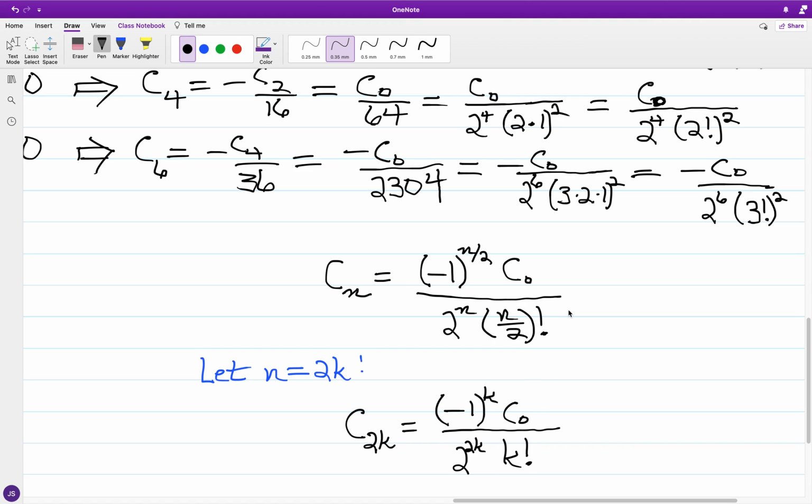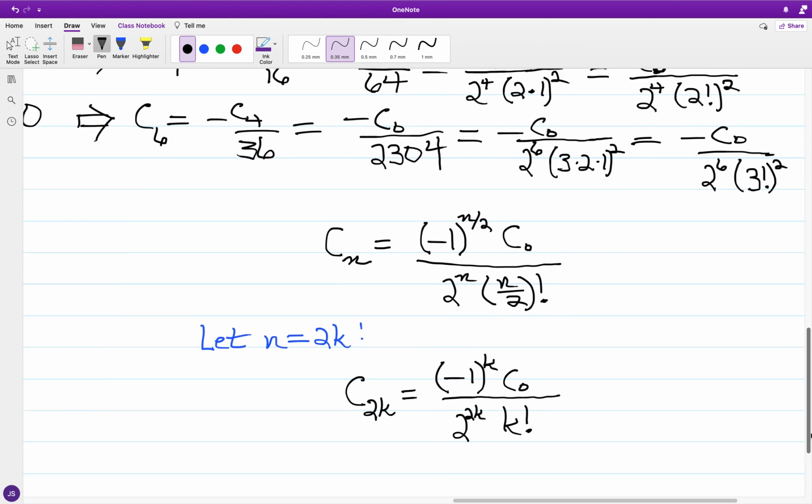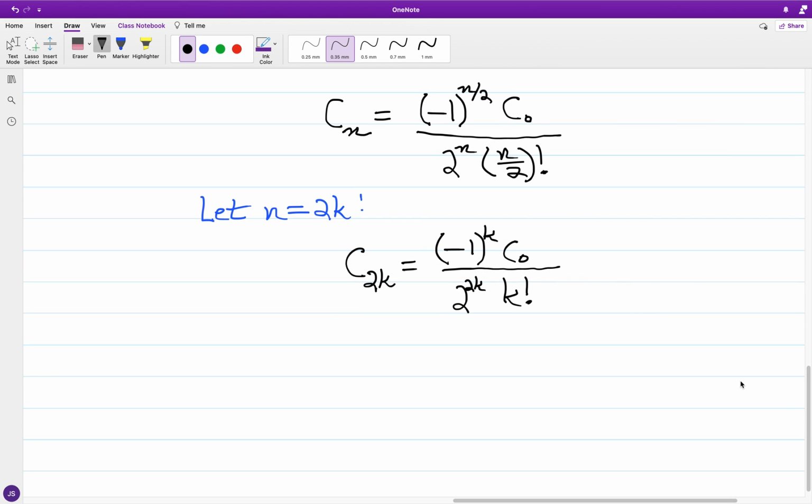Now, once again, going back to what we had in the original establishment with y, y going from 0 to infinity, we have c of n times x to the n.